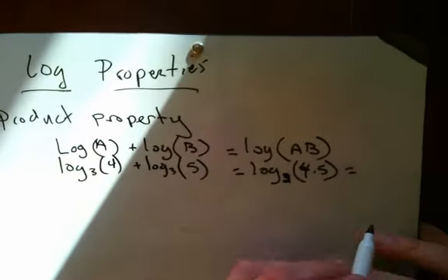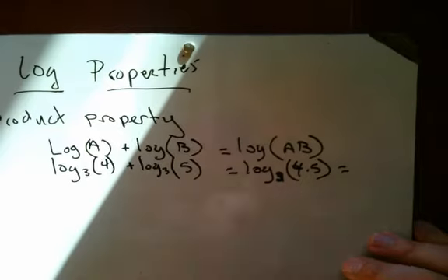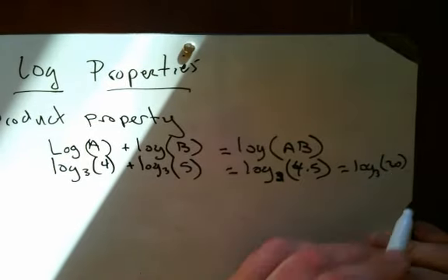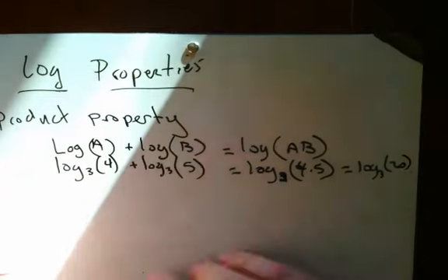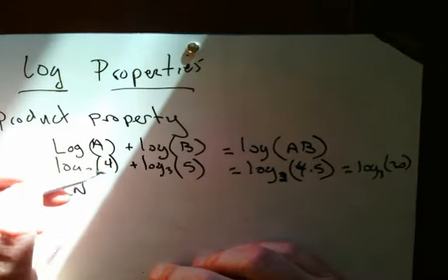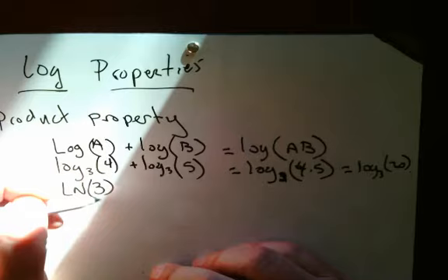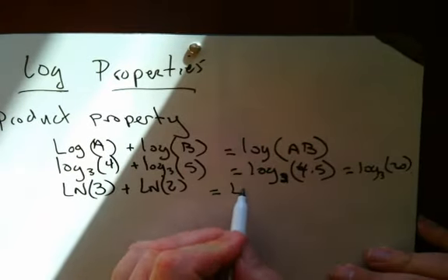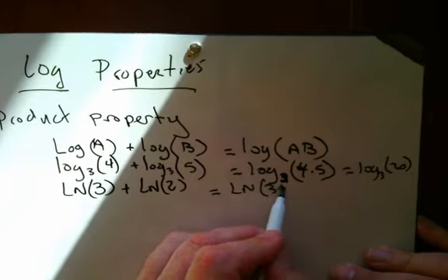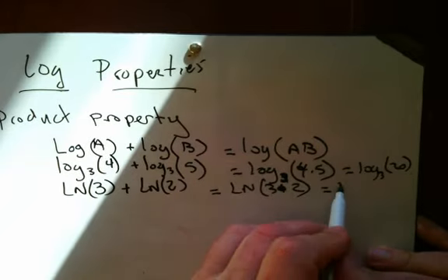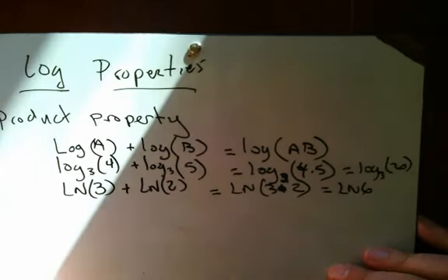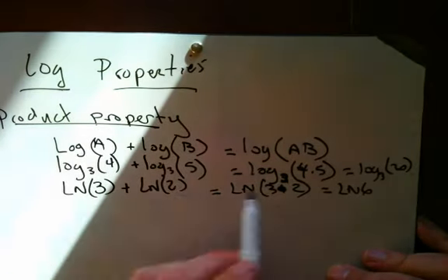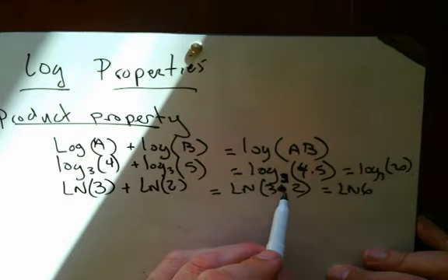I can rewrite that as log base 3 of 4 times 5, or log base 3 of 20 by using my log properties. Okay? We could also see this with ln. ln of 3 plus ln of 2 is going to be ln of 3 times 2, or ln of 6.